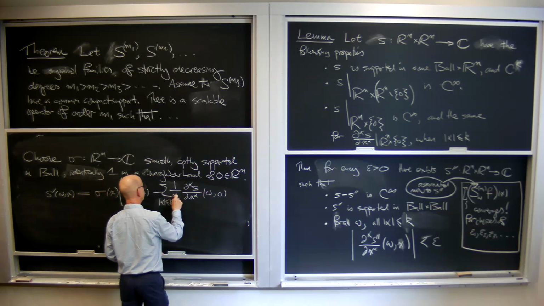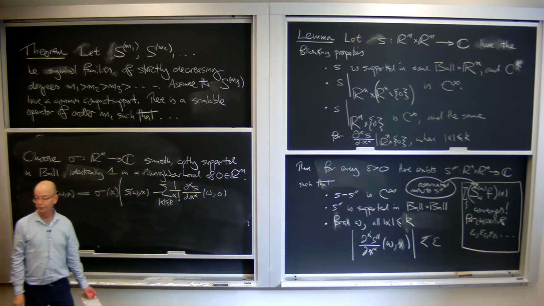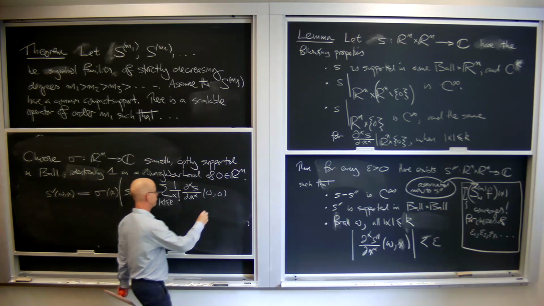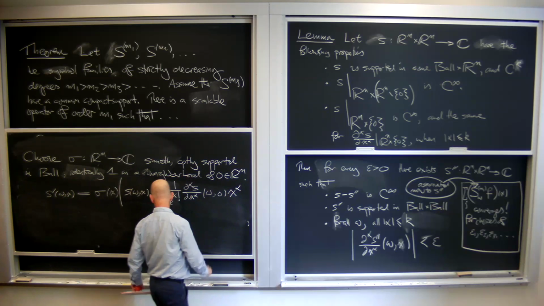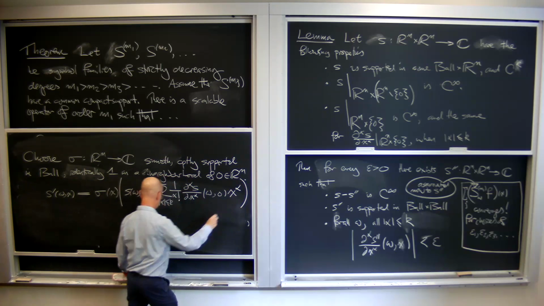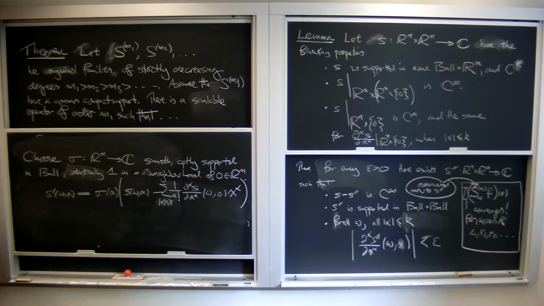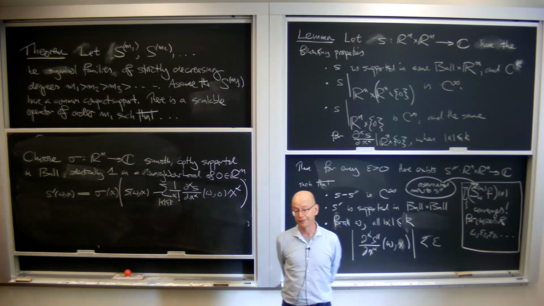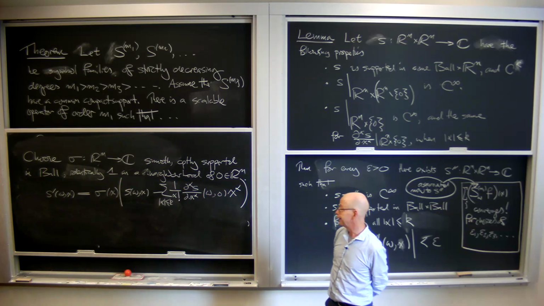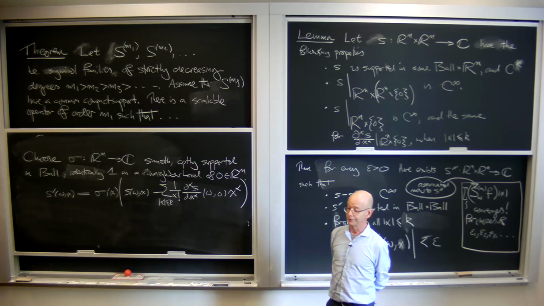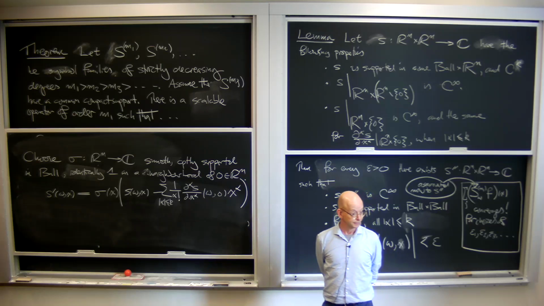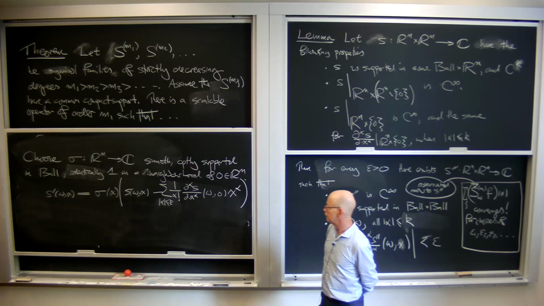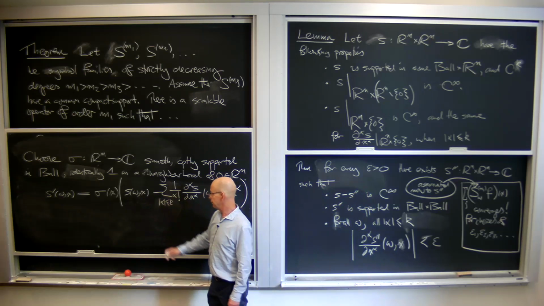One is you're supposed to divide by some factorial, and the other is you're supposed to put some powers of x like that. All right, so I just replaced S as a function of x by its Taylor series up to degree k in the x variables, and I didn't do anything to the omega variables. So far, so good?